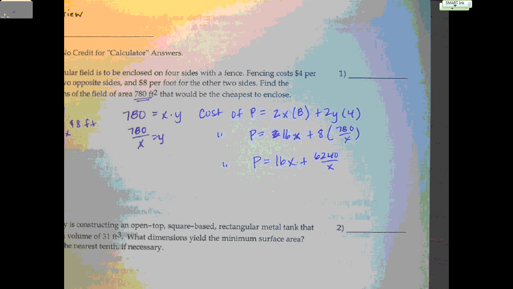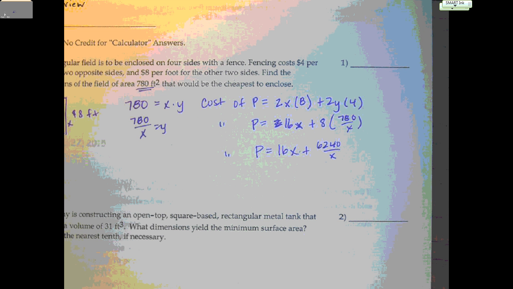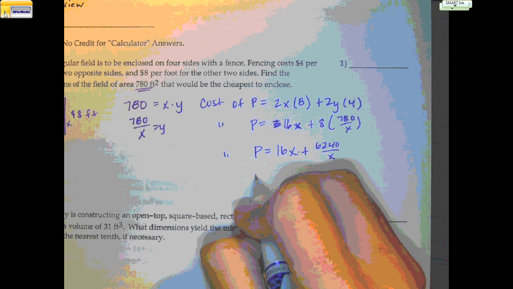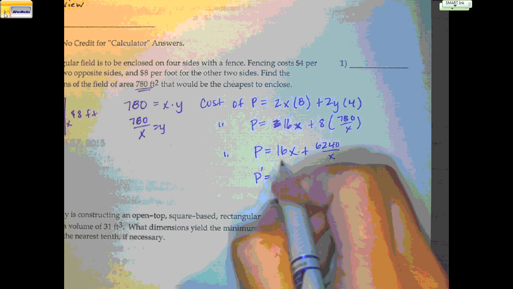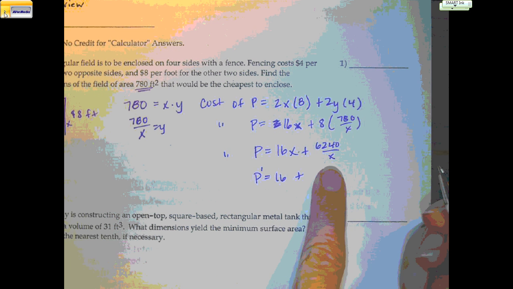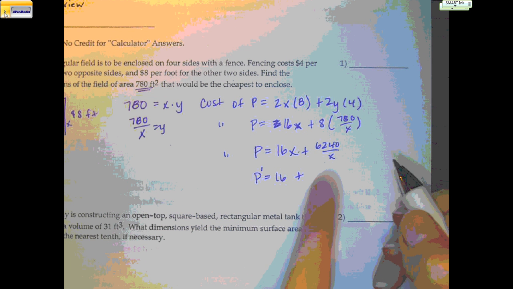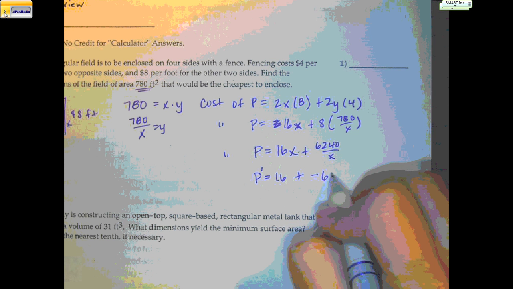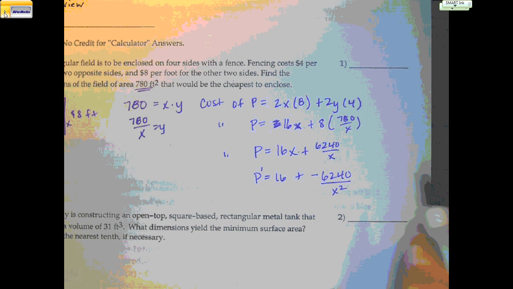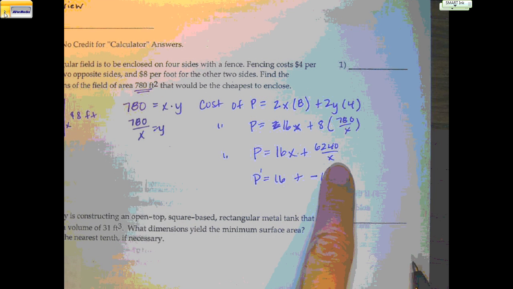And that's our cost of the perimeter, and that's what we're trying to minimize, so we take the derivative. We get 16 plus, now remember, this is like 6240 times x to the negative 1, so I really have a negative 6240 over x squared, because x to the negative 1 becomes x to the negative 2.